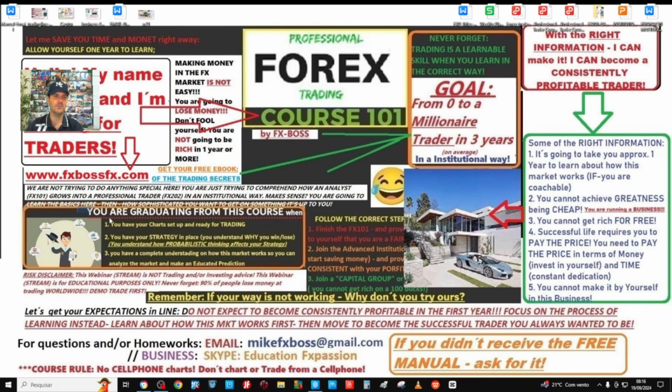Never forget that you are in a course, and you are going to graduate from this course when, number one, you have your chart set up and ready for trading. Number two, you have a strategy in place. You understand why you win, why you lose, and how probabilistic thinking works in your strategy. And number three, you have a complete understanding of how this market works, so you can analyze the market and make an educated prediction.